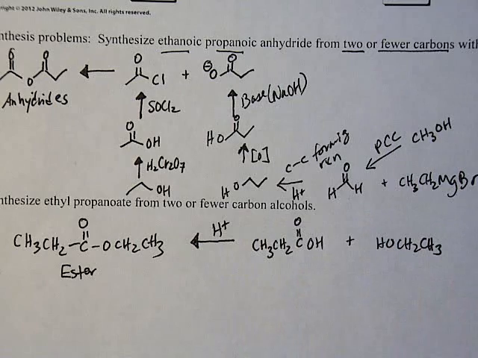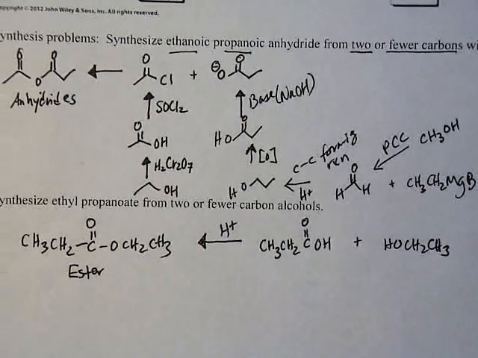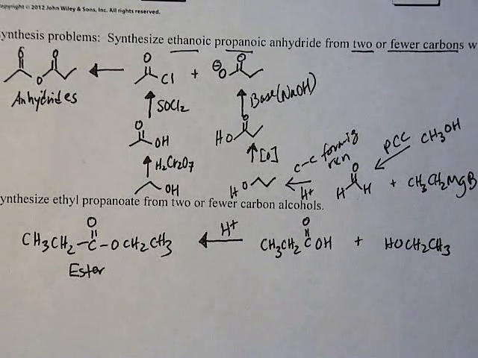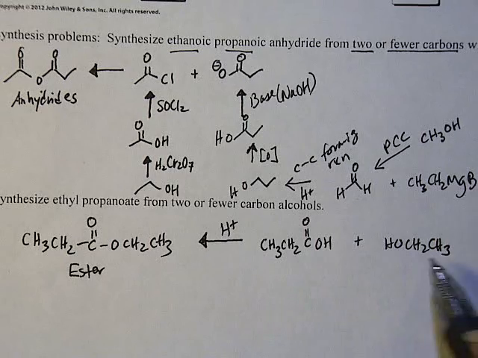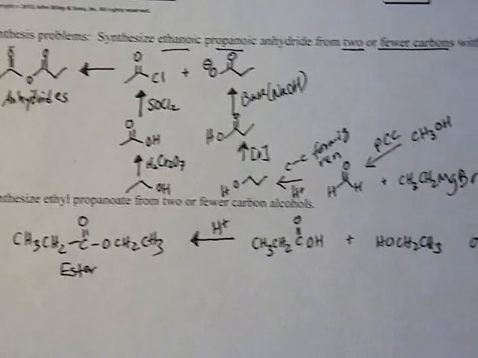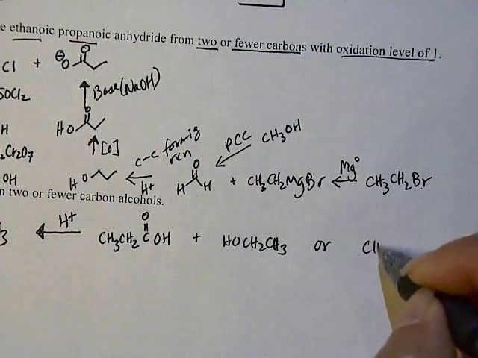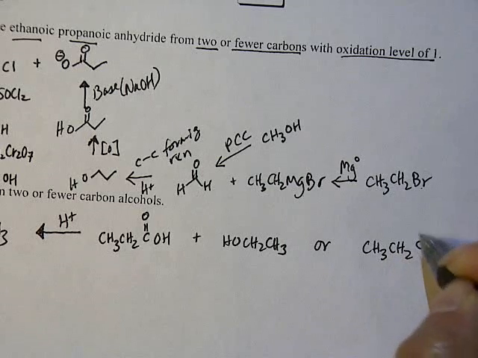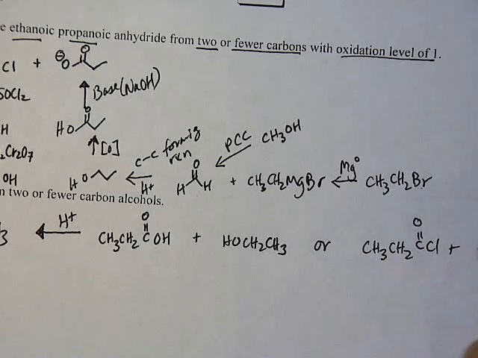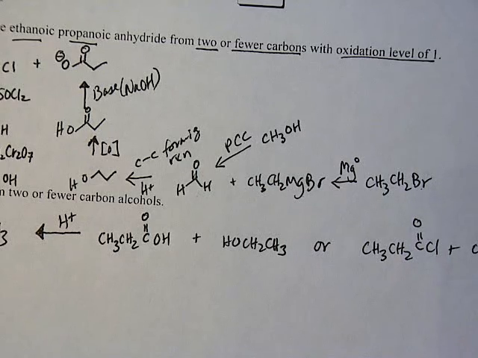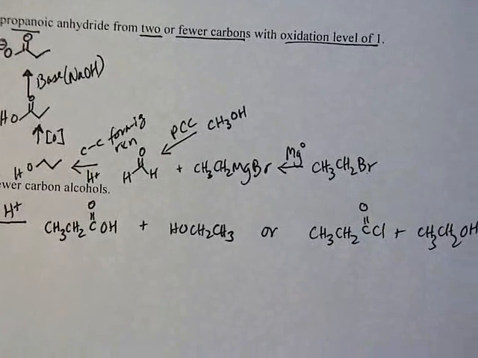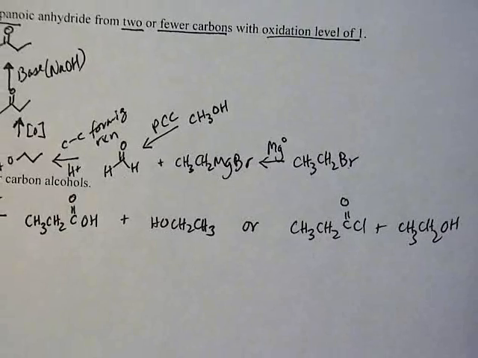And you need an acid catalyst to do that. So that would be an esterification reaction, or if you chose, you could have done an acid chloride way. All right, so either way it will be acceptable.